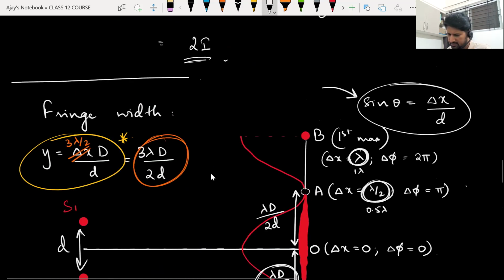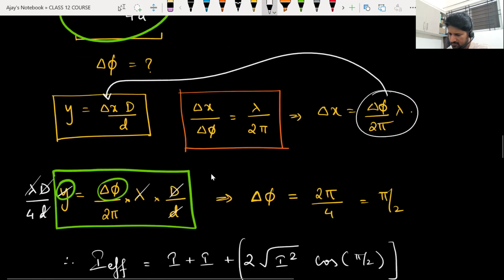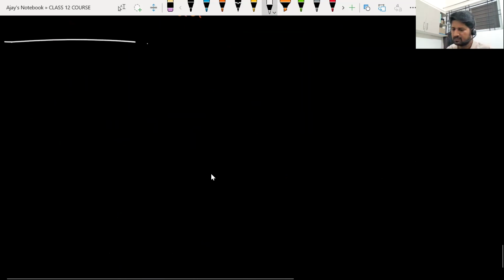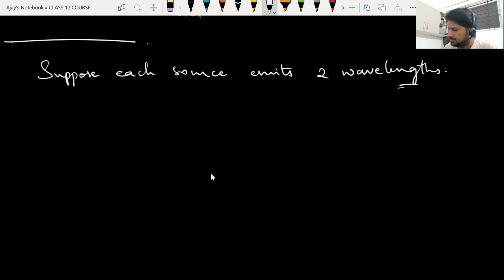So when wavelength is changed completely for the sources, we know what happens. Now suppose each source emits two wavelengths. Two wavelengths means lights of two different colors.